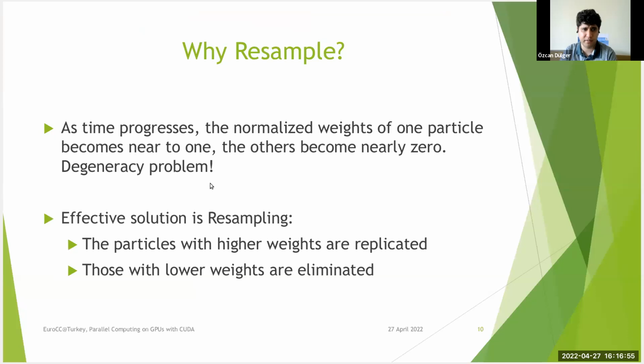Why do we need resampling? As time progresses, the normalized weight of one particle becomes near 1 and the others become nearly 0. That means one of the particles is very close to the measurement in the following time steps, and the others are very far away from the measurement.